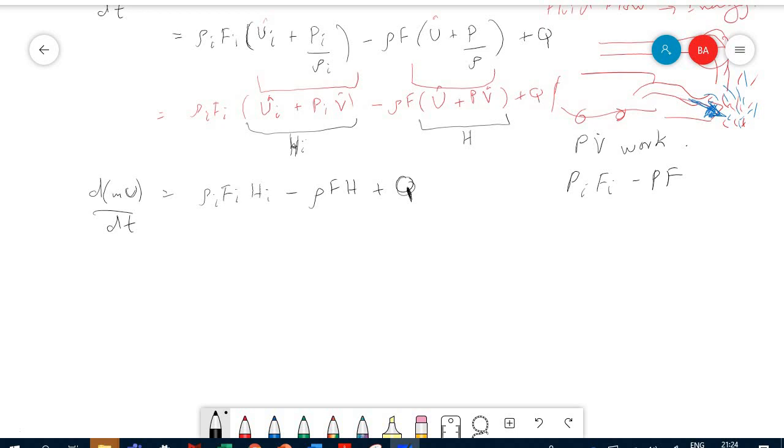We want to get the dT by dt term. We did not obtain it yet. So this is our goal, and we will try to achieve it in a moment. So let's work on the left hand side, and then we are going to go to the q part.